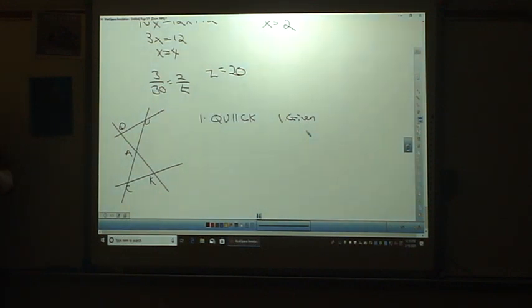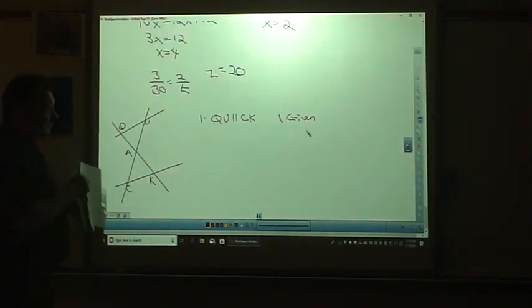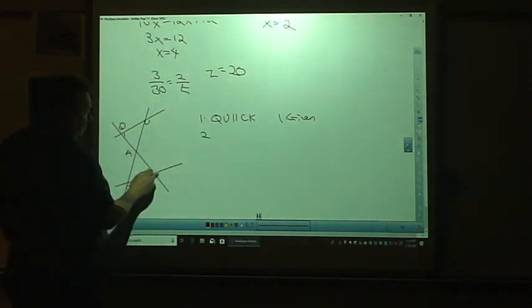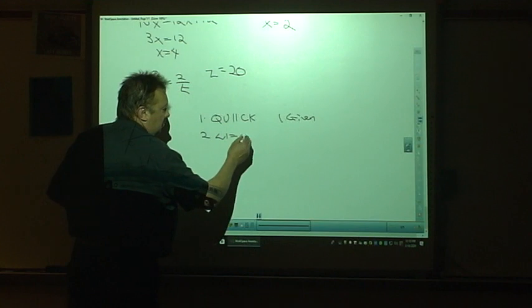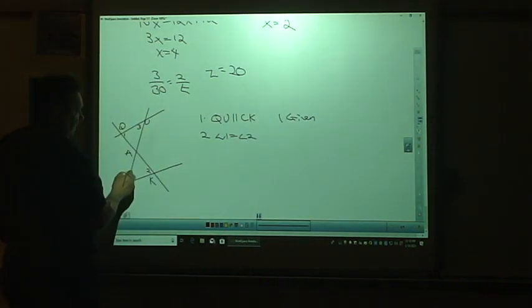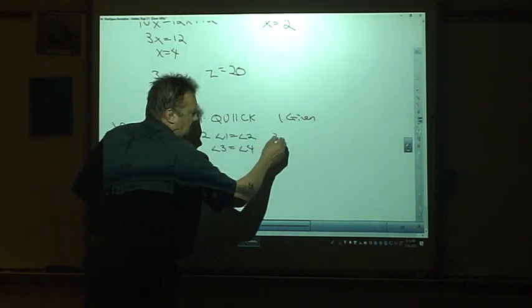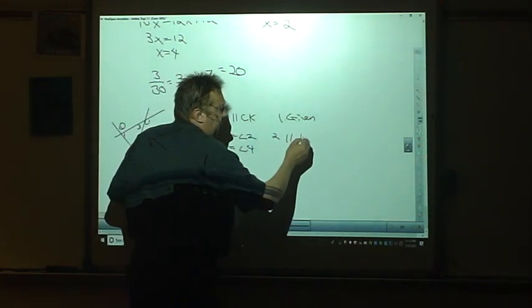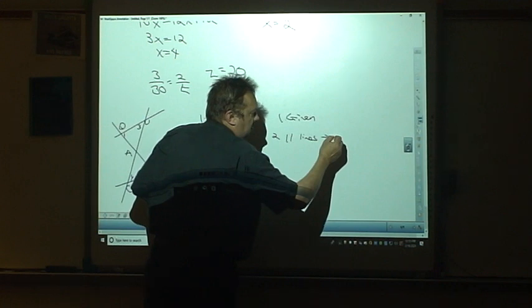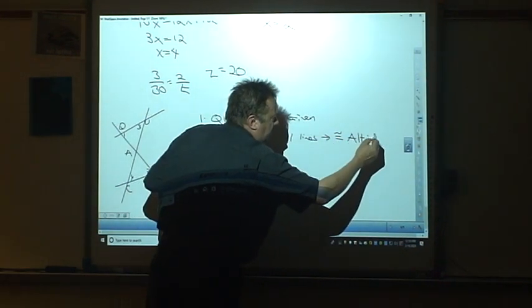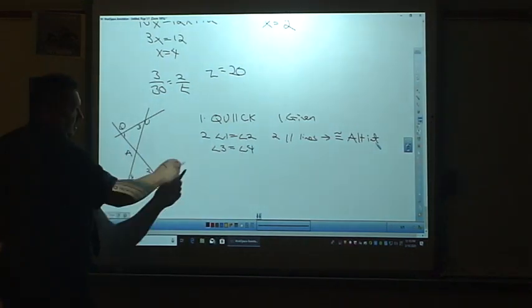We need to show the angles are equal or sides have the same proportion. We can't do anything with sides here. But again, parallel lines going to form equal alternate interior. I'm going to call this angle 1 and this one 2. I'm going to call this angle 3 and this angle 4. Because parallel lines mean congruent alternate interior. Sorry, I should have said congruent here, not equal.